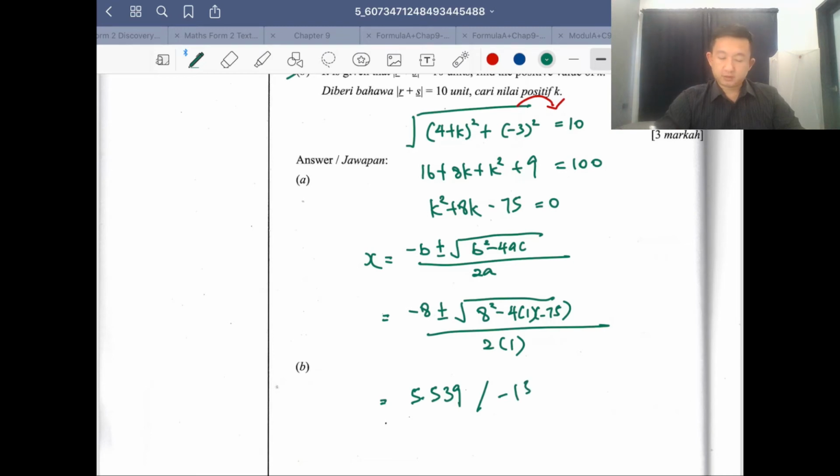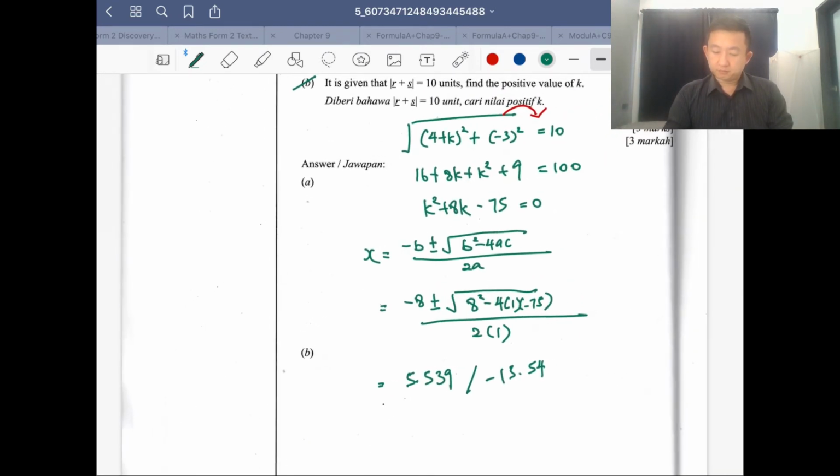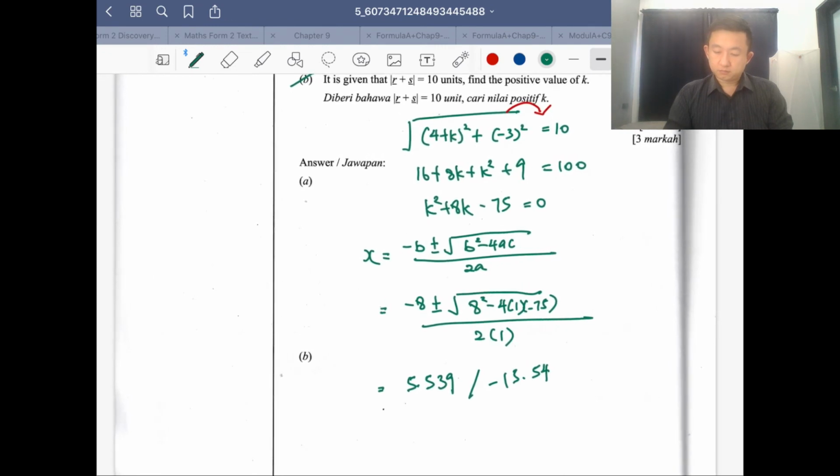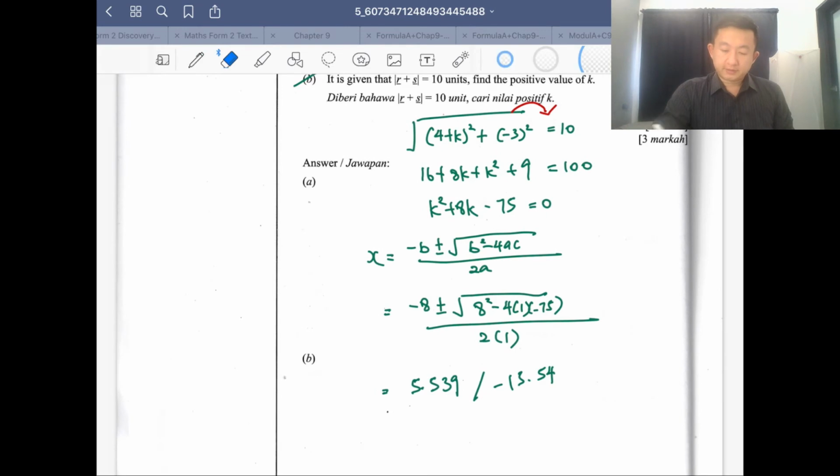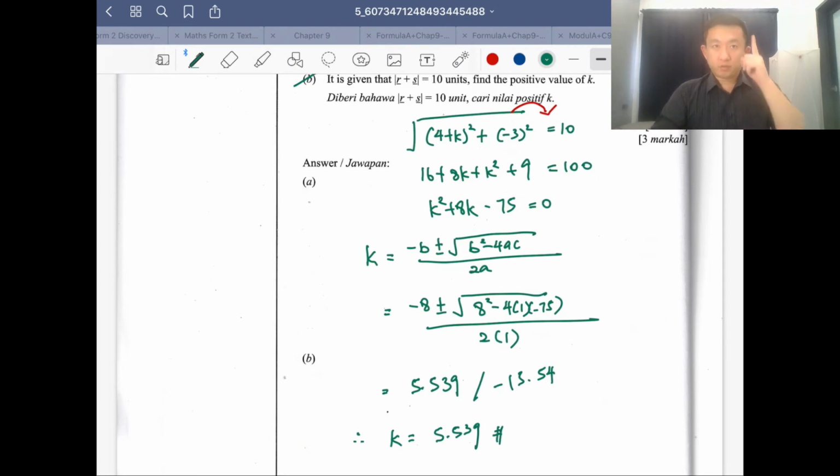Negative 13.54. Oh, this is k, not x. Since we can only have the positive answer, so we write again. So k should be 5.539. Only one answer, positive one.